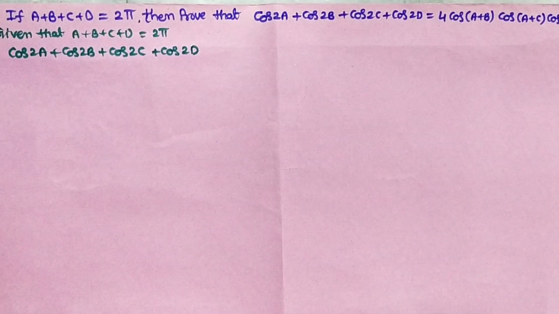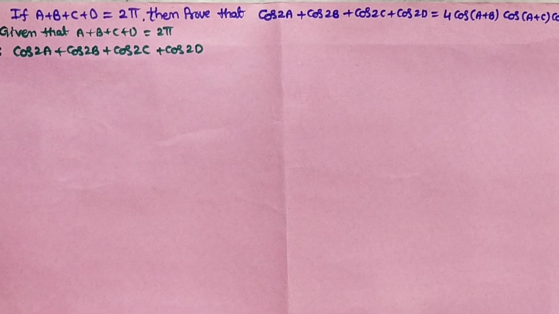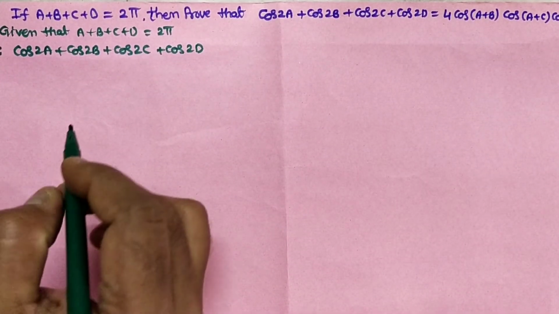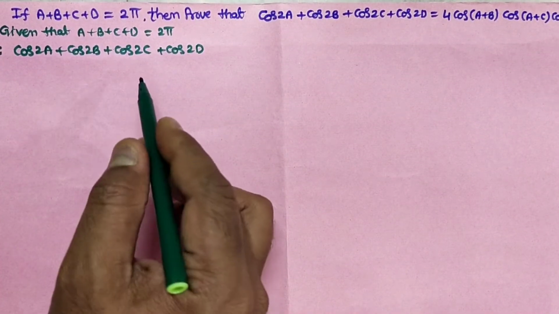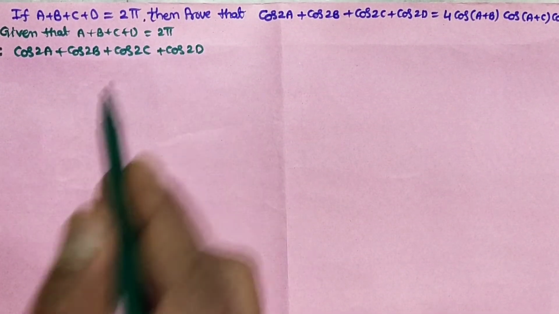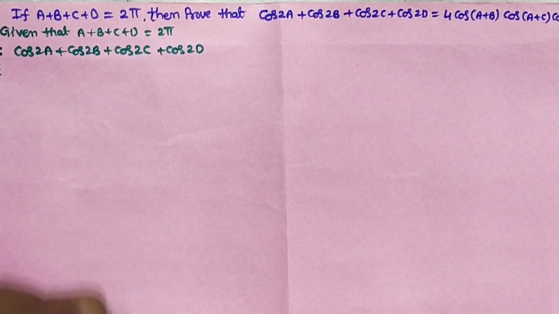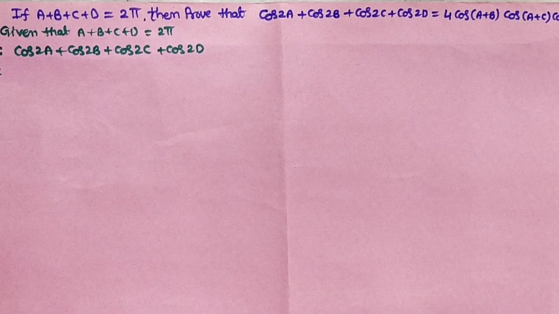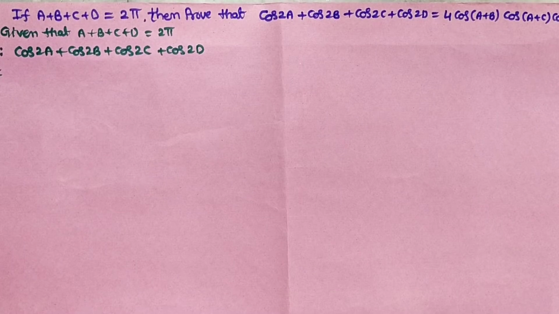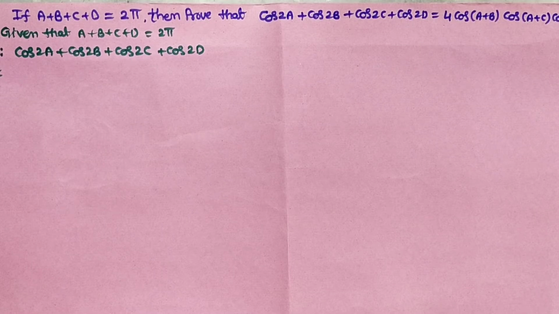So for this, what we have to do, for the first two terms you have to apply cos C plus cos D. For the next two terms also cos C plus cos D. So what is cos C plus cos D? 2 cos (C plus D) by 2 cos (C minus D) by 2. We have the formula, we have to write it.